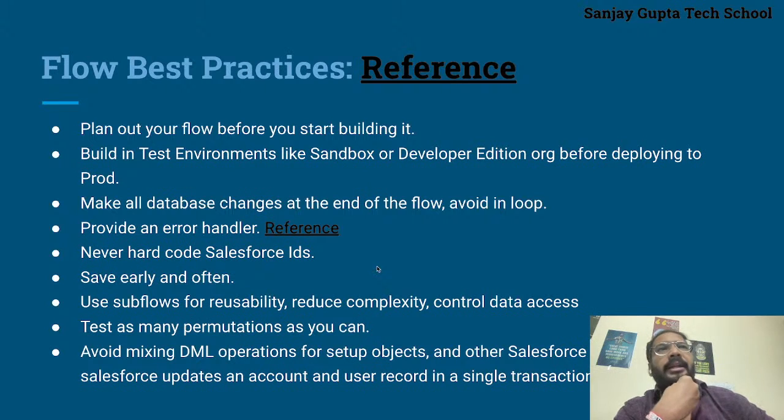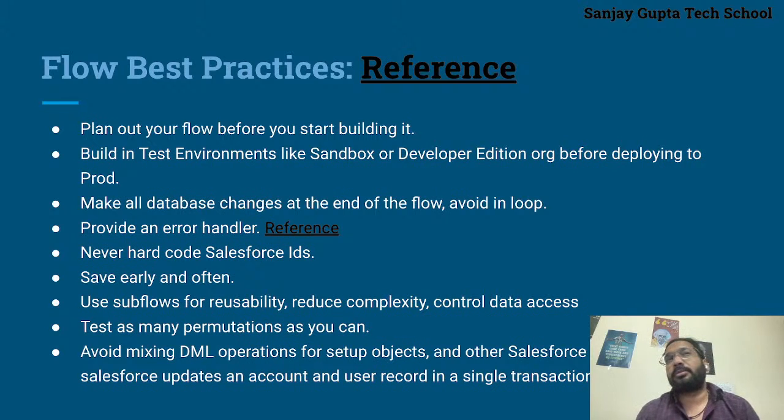Now let's understand each step line by line. The first point says plan out your flow before you start building it. This is a very easy step. Before building the flow, you just need to think about the problem, like what should be the solution.